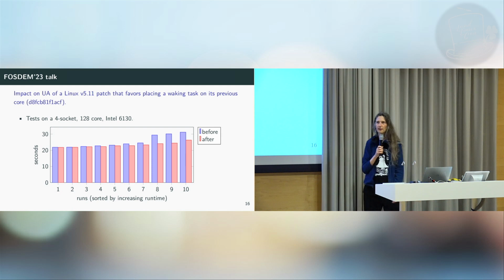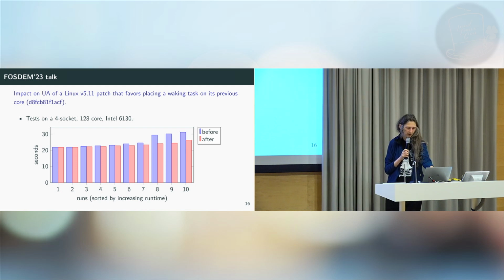I also used the same benchmark in the talk at FOSDEM. So these are the observations I had at FOSDEM. What I've done here is I've just run the application 10 times and made a graph of the execution time. This is from an old version of Linux 5.10 versus Linux 5.11.